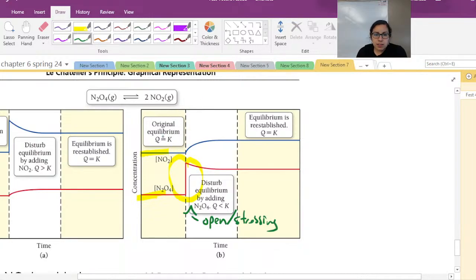Now it's making more product, and we reestablish equilibrium. Our N2O4 is consumed, so we have a higher amount than we started with, but less than what we spiked with, since some of that was converted to our NO2.